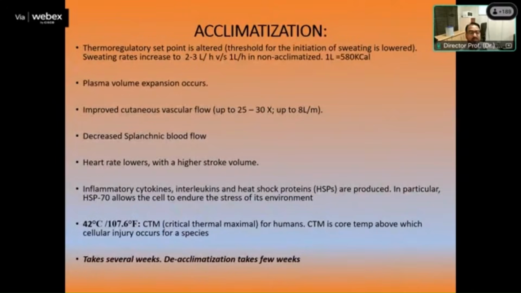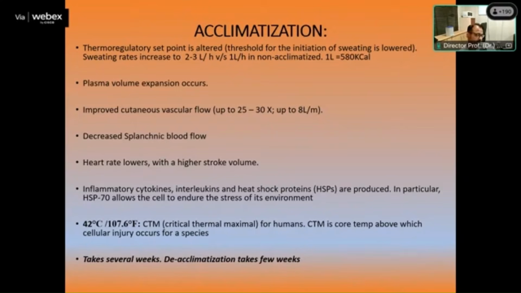And some people develop a robust physiologic acclimatization to heat. And how does it happen? It happens by an increased rate of sweating. Normal human beings sweat as much as half a liter to 1 liter. But in trained athletes, they can go as high as even 4 to 5 liters an hour, which is mind-boggling, right? And plasma volume expansion also occurs.